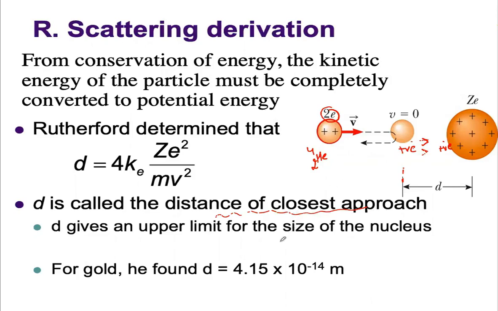So by equating this, I will try to do it here. When the alpha particle approaches the nucleus, its kinetic energy is converted into potential energy. If it moves with velocity v, and m is the mass of the alpha particle, this is equal to the penetration energy.